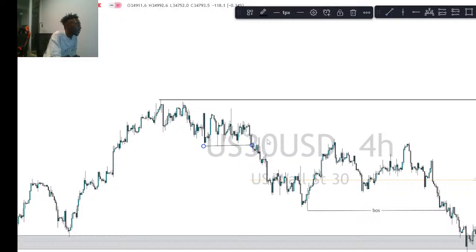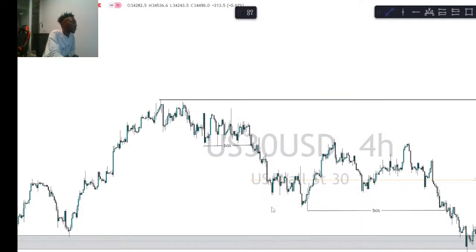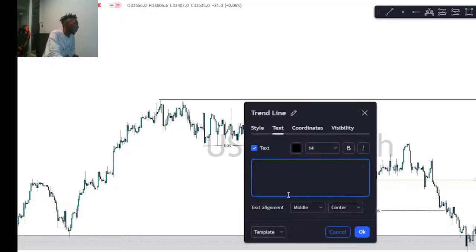So there's another break of structure, and another one here, and another break of structure here, BOS.